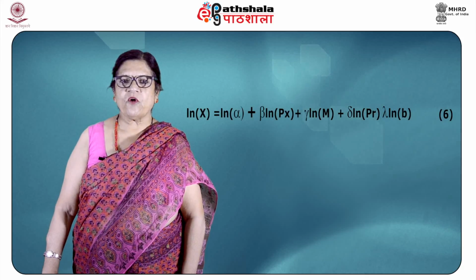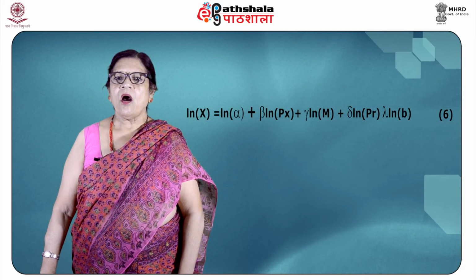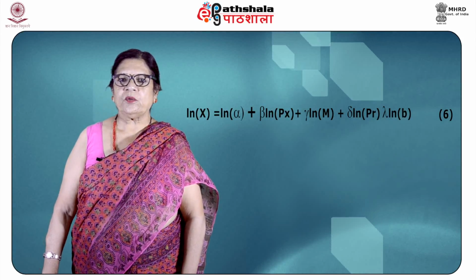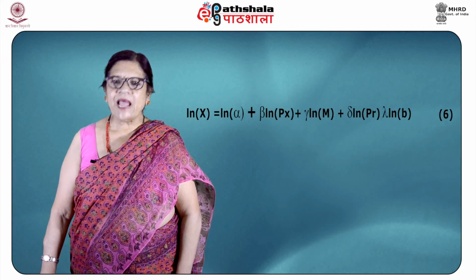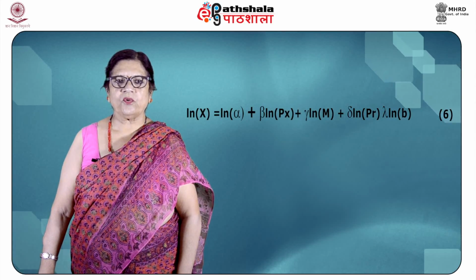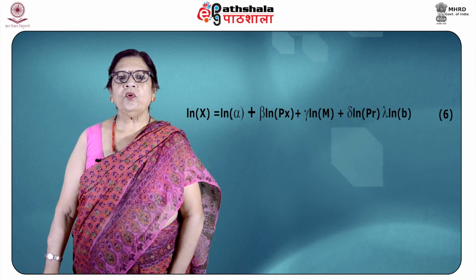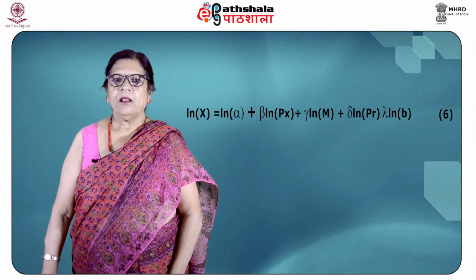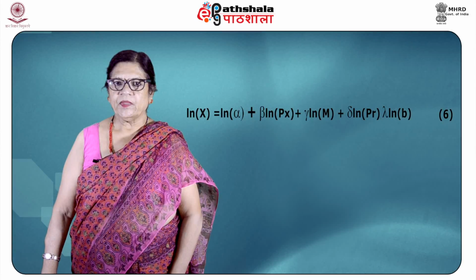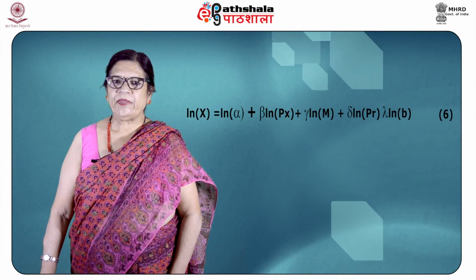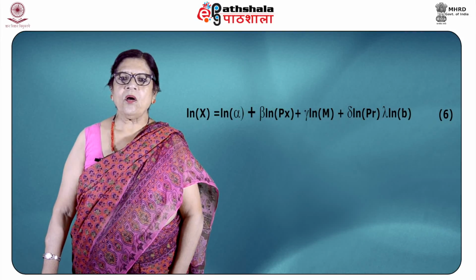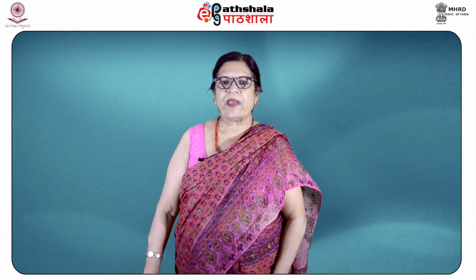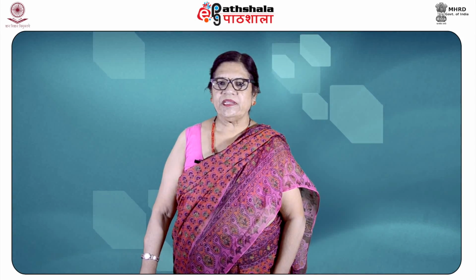This functional form provides direct estimation of the elasticities. To obtain estimates, we convert this equation to linear in natural logarithms, which is as follows: log X is equal to log alpha plus beta log Px plus gamma log M plus delta log Pr plus lambda log B. This is equation number 6, where the value of the parameters measure relevant elasticities.